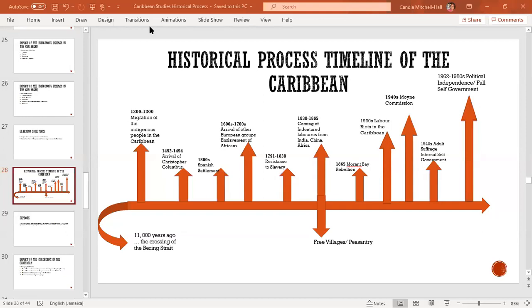What was the configuration of the Caribbean? By 1492, when Columbus arrived in the Caribbean, what was the configuration of the Caribbean in terms of indigenous people? What was it like?